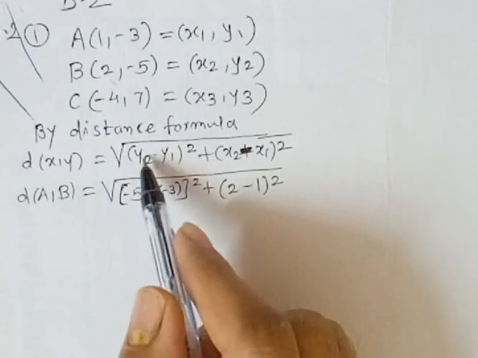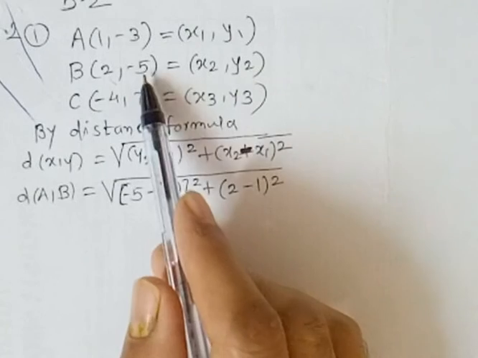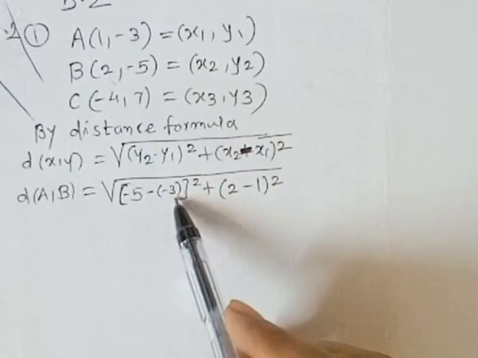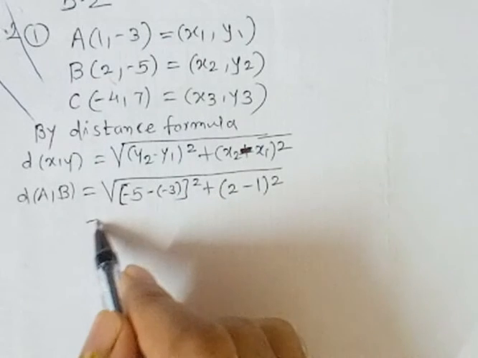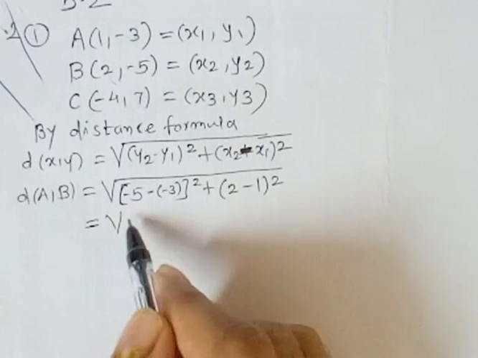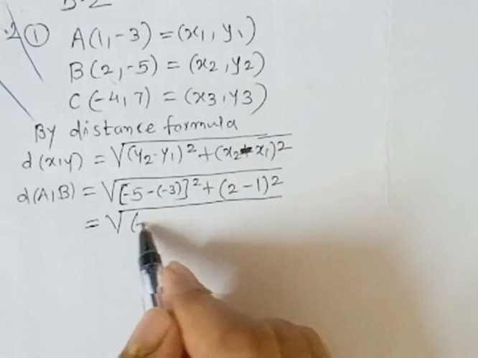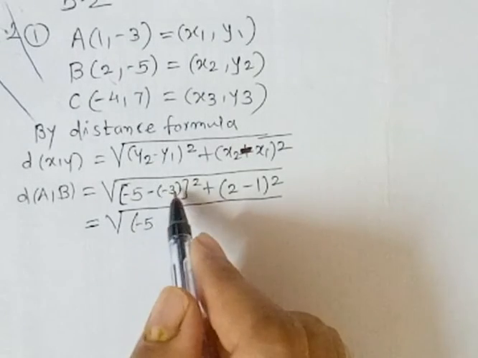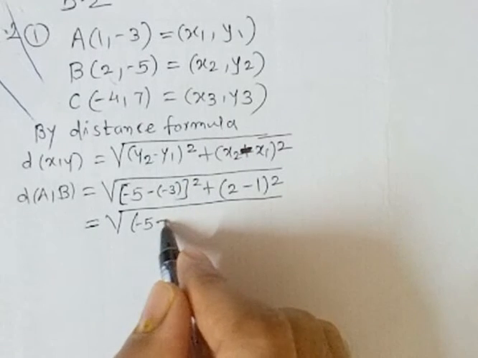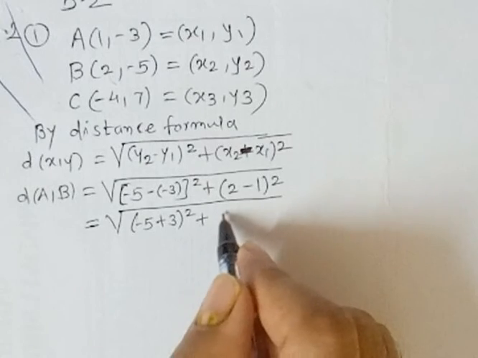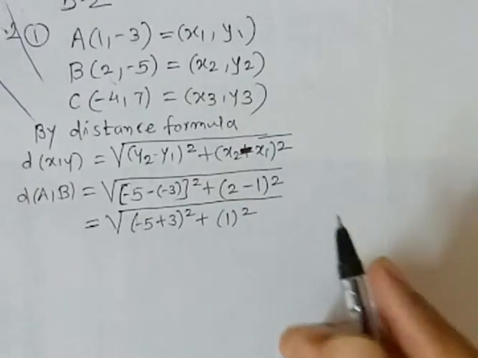This is equal to under root again, minus 5 minus minus, plus 3 to the whole square plus 2 minus 1 is 1 square.